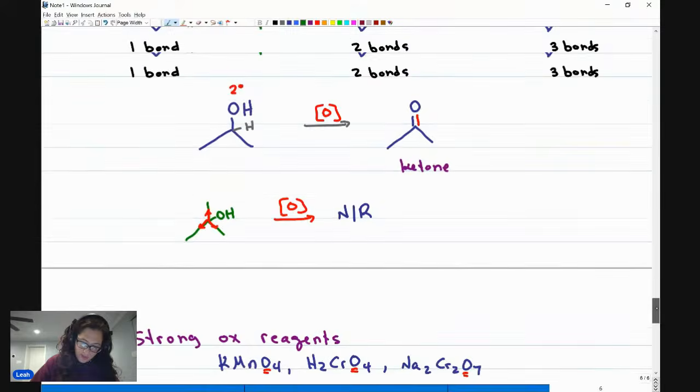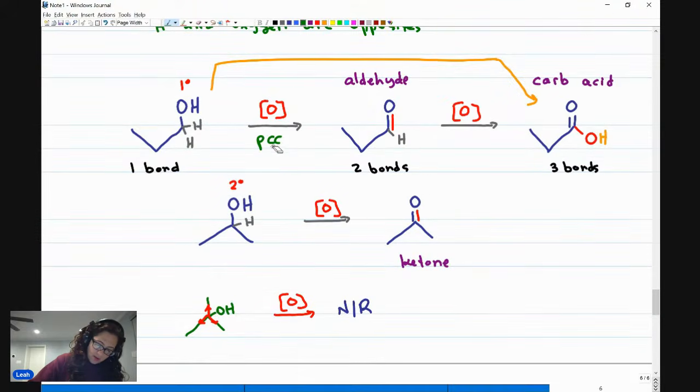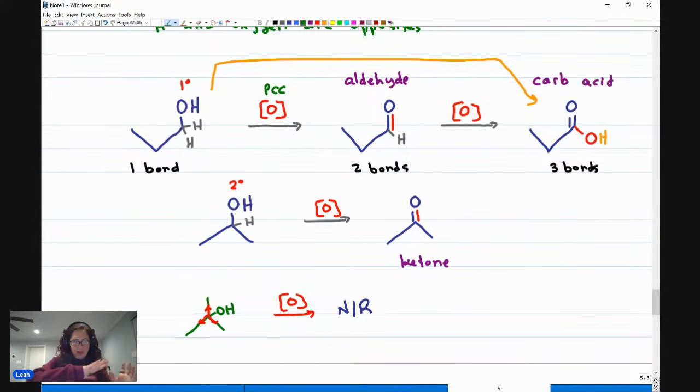And then let's go back here and look at this from a different perspective. If I can take a molecule and oxidize it from an alcohol all the way to a carbonyl, either a carboxylic acid or a ketone, I should be able to reverse it.